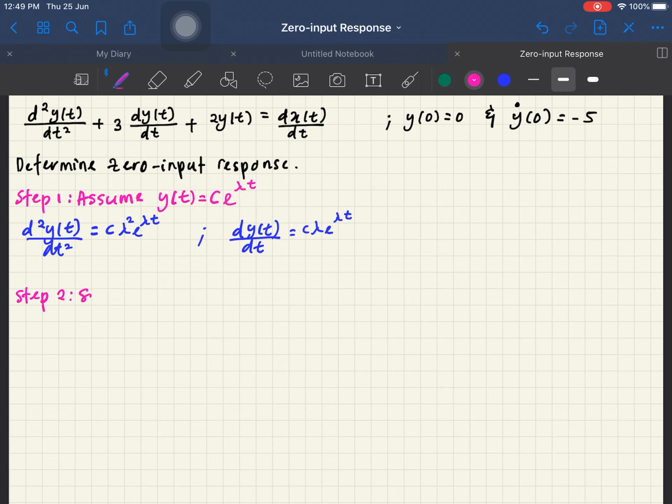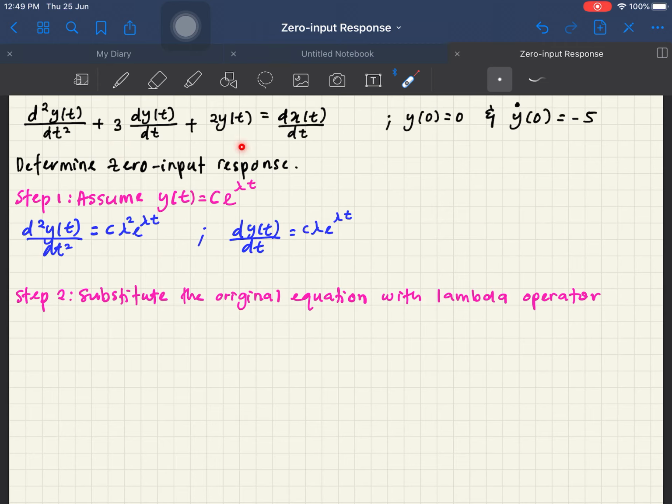You substitute into the original equation the expressions we assumed in step 1.